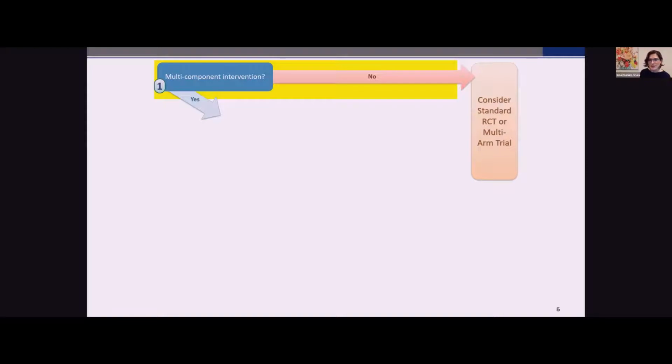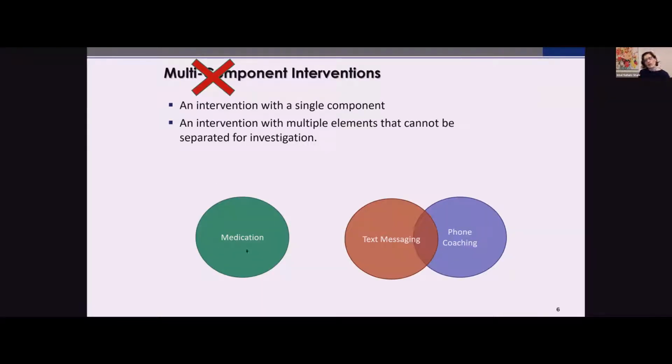Sometimes we are interested in developing an intervention that includes a single component. This happens a lot in biomedical research when investigators are interested in developing a new tool or a new medication. What they want to do is compare the effectiveness of this new medication to a standard of care or another type of medication.